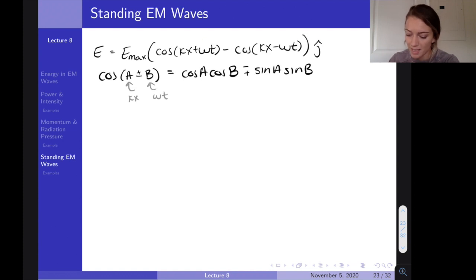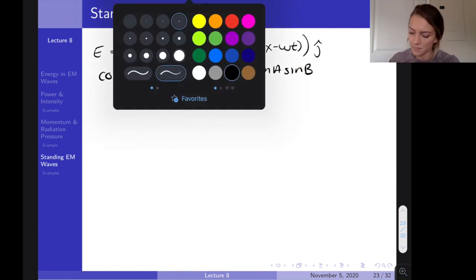So for each cosine in here, we're going to break it up into cosine A B and sine A B. So let's just do that.